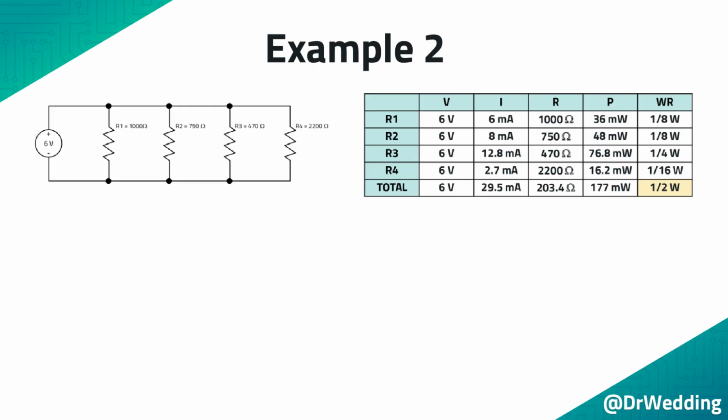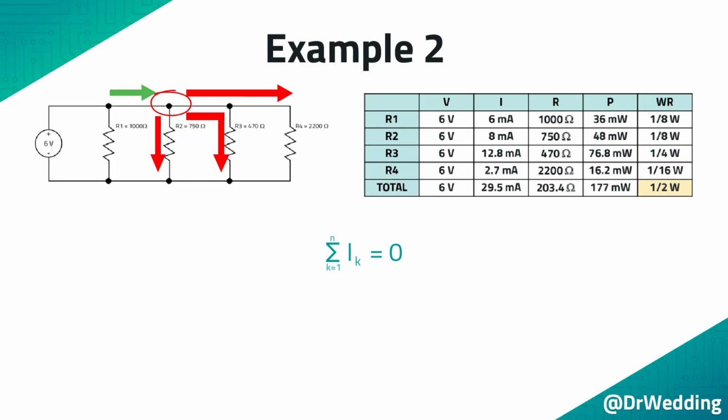Here is another example. Example 2. Verify Kirchhoff's current law at the highlighted node. As before, start with the equation for Kirchhoff's current law. We know the 3 red currents. They are the currents through R2, R3, and R4. We can use these 3 red currents to find the green current.